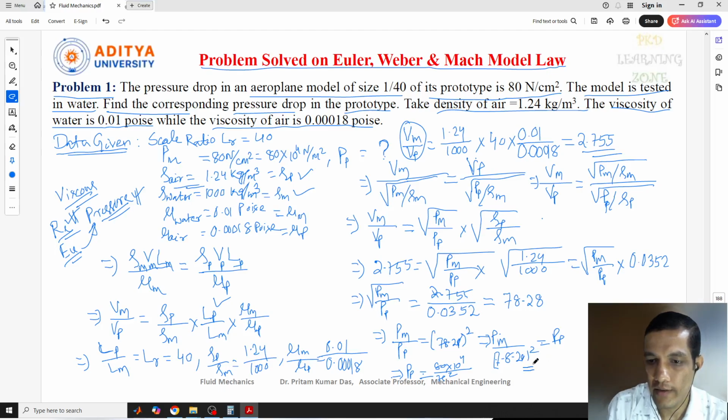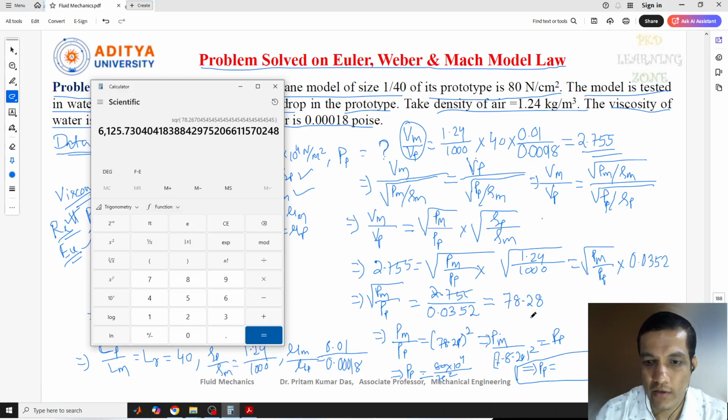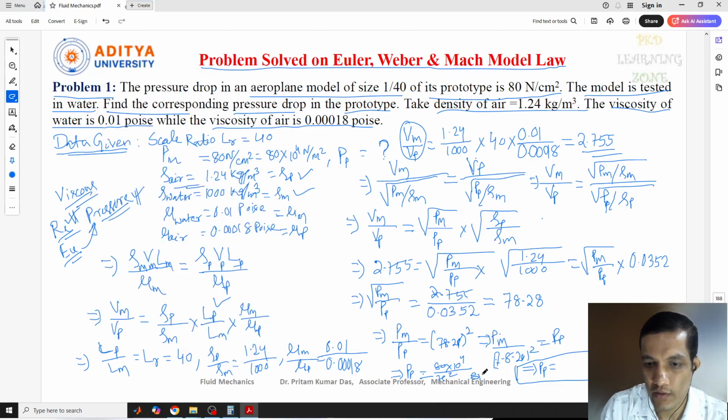Let me solve it, then we'll see how much. If you see, I already got 6125. Let me write it here, suppose this is 6125, in Newton per meter square.